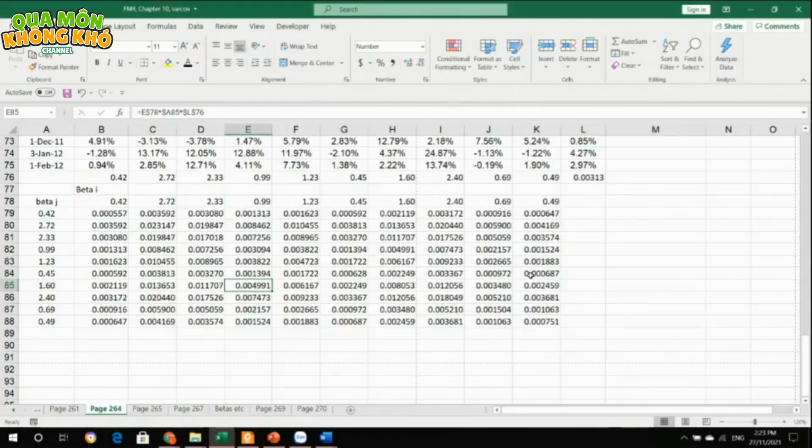It's called a single index model because it uses the simple market model: return of the stock equals alpha plus beta times the return of the market. So it's very easy. And this market model is used to calculate the beta of the stock. This approach is very popular to calculate the beta.